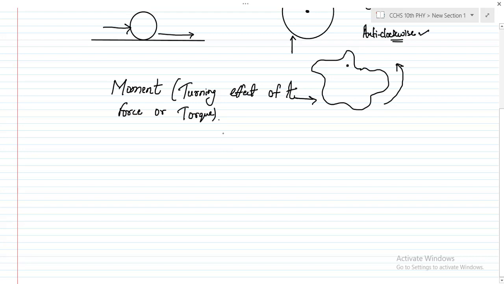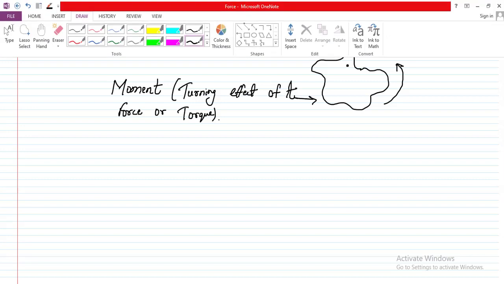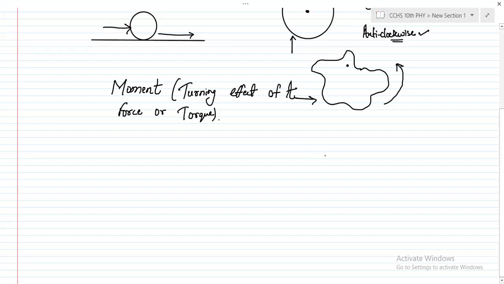Now let us understand what it actually is. Turning effect is how the body which is pivoted at a point reacts when the force acts on it. That is called the turning effect of a force. So again we will consider an irregular shape lamina.